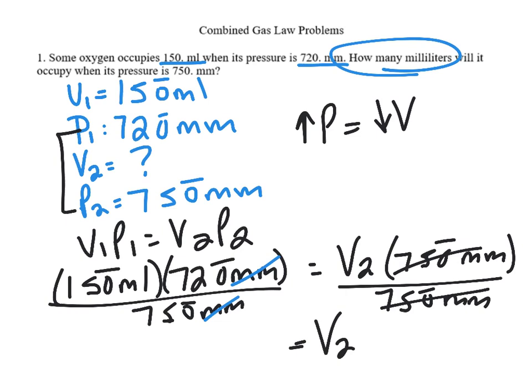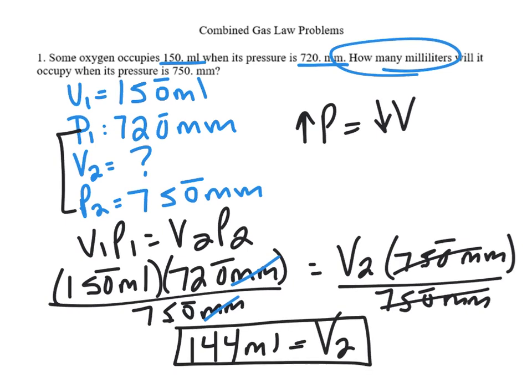And we said that at a higher pressure, 720 up to 750, the volume ought to drop to something below 150. So see if you get something less than 150. And we do. We get 144 milliliters. So that is our final volume.